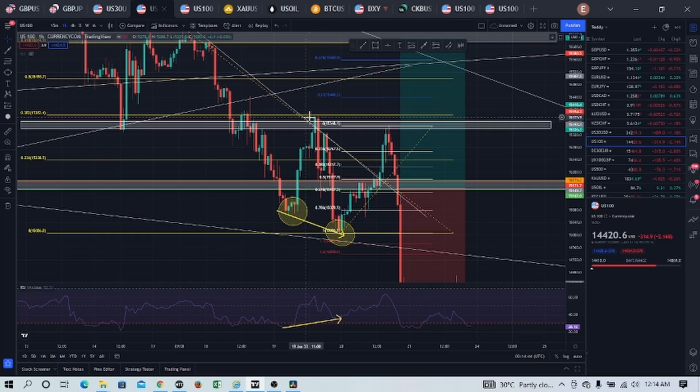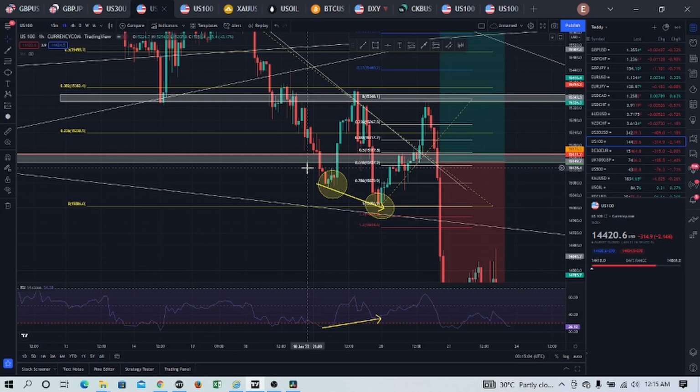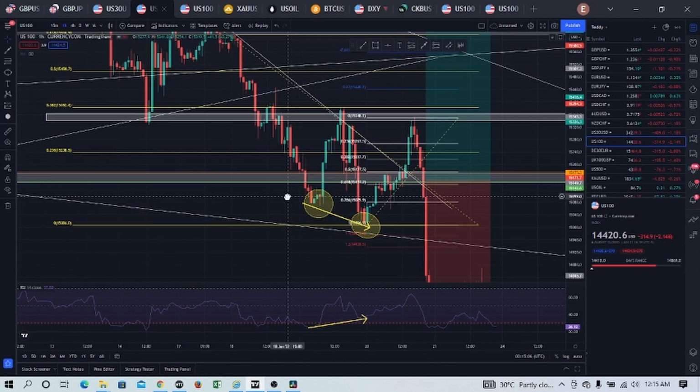It has to break this neck for us to consider this as a double bottom. Okay, so this was part of the confluence. So guys, you can see that a lot of the factors are aligning for this trade. Okay, that's why I was really getting impatient trading this.